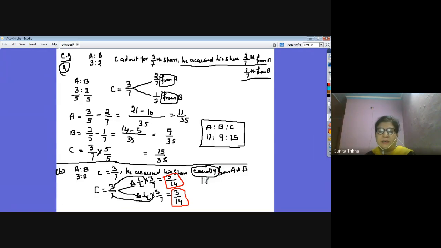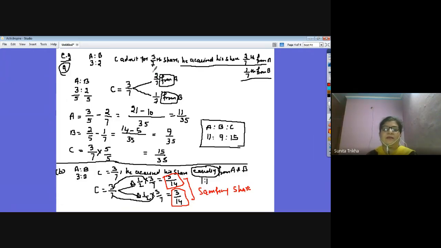In this question, the ratio is given, the share is not given to you. So first of all, you have to calculate the sacrificing share. Then you are able to calculate the new ratio: old share minus sacrificing share gives the new profit sharing ratio. So is it clear?